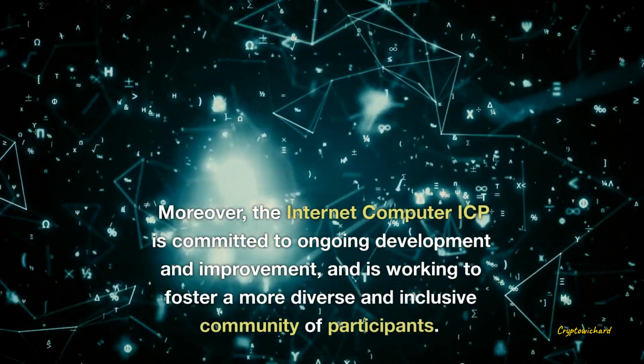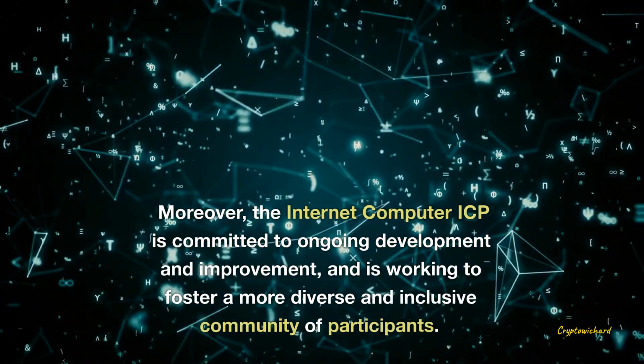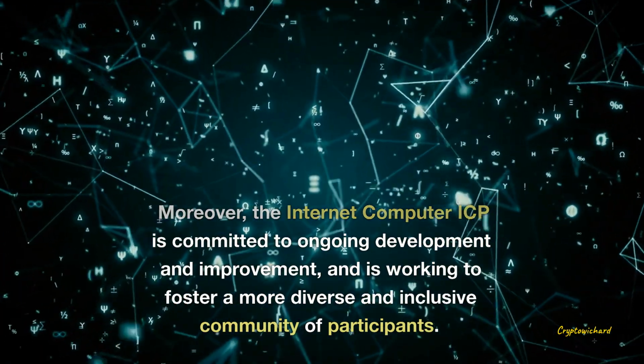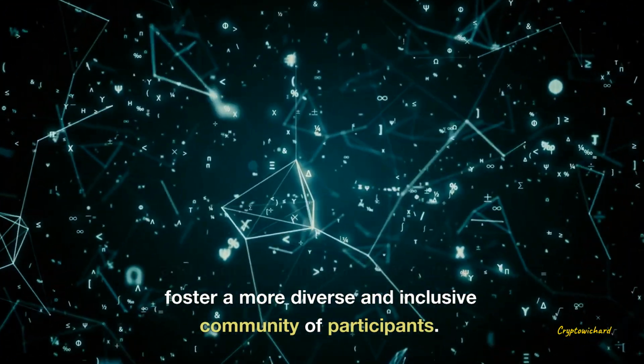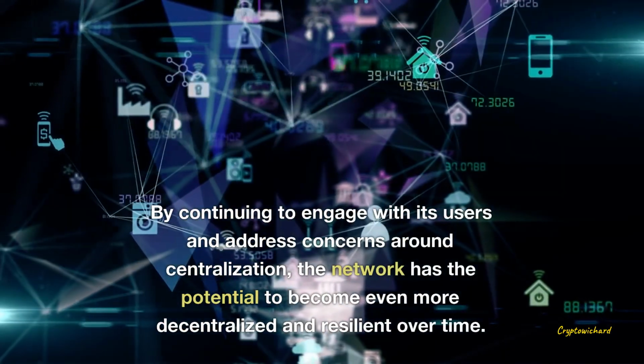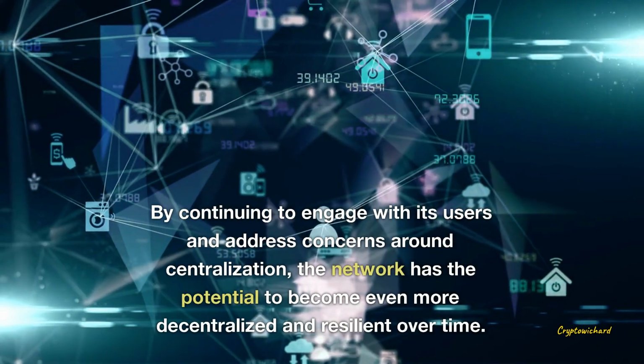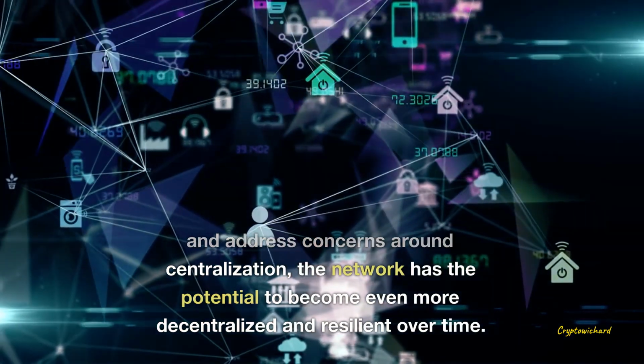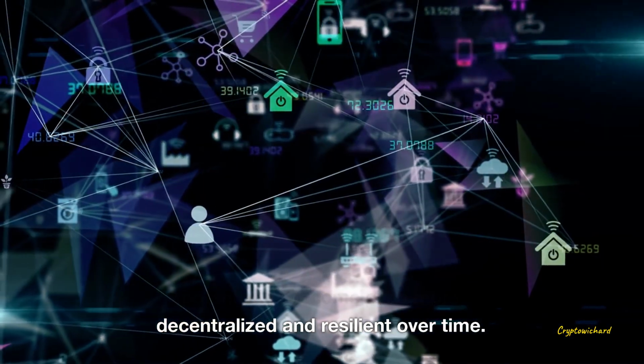Moreover, the Internet Computer ICP is committed to ongoing development and improvement, and is working to foster a more diverse and inclusive community of participants. By continuing to engage with its users and address concerns around centralization, the network has the potential to become even more decentralized and resilient over time.